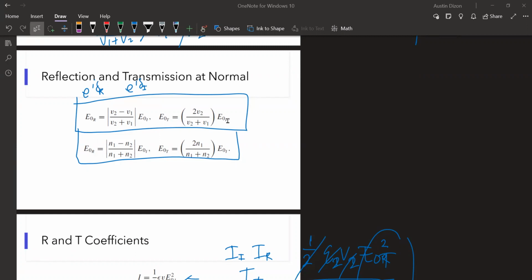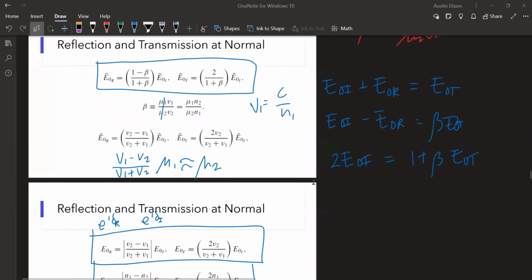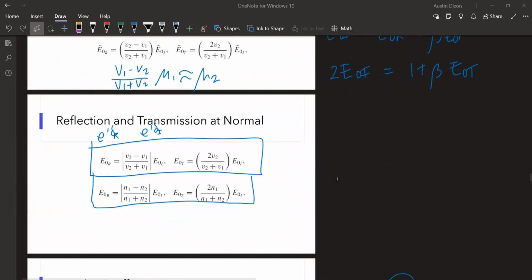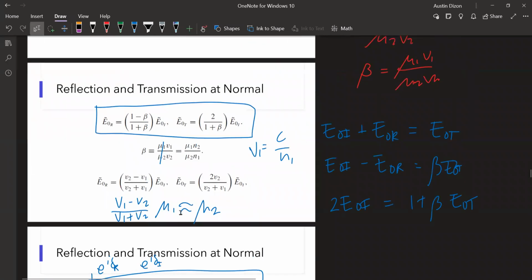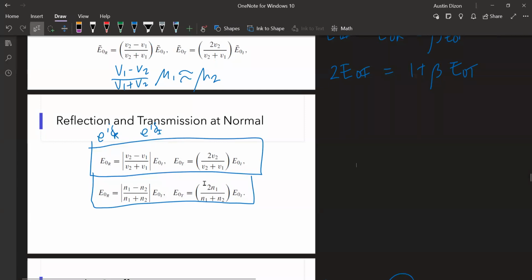Okay, nakikita nyo na ba yung screen ko? Okay, kita na. Natapos na to? Checkmark na kung natapos na to.